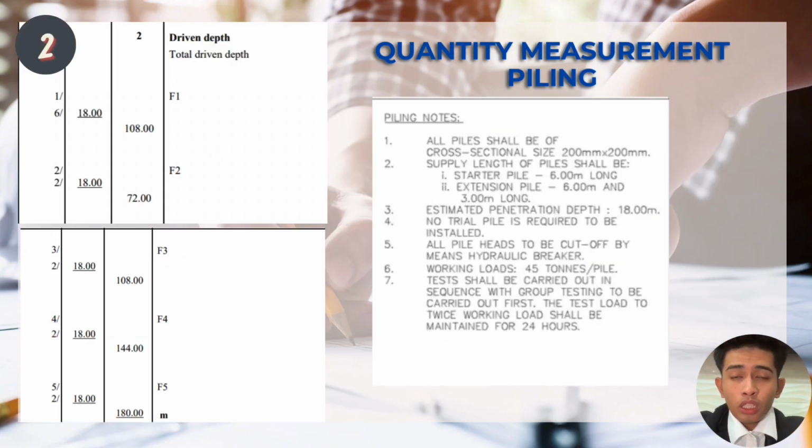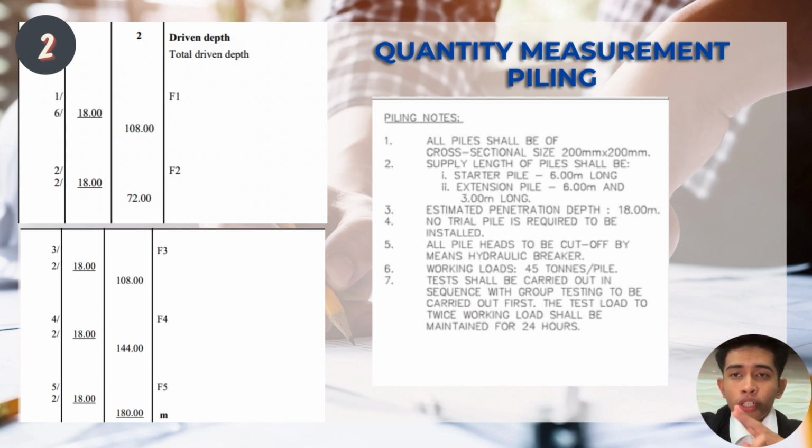The first step for piling is we must calculate the initial piles. Next we are going to calculate the driven piles, which is how far the piles go down. For the first column is our value, 1 is our formwork 1 and 6 is our number of formwork.